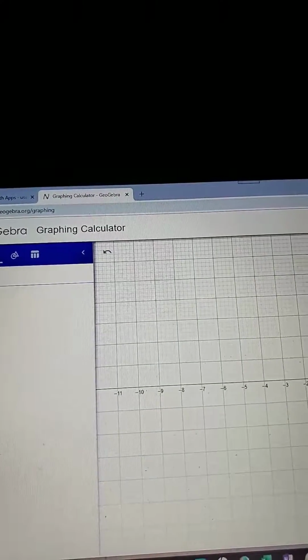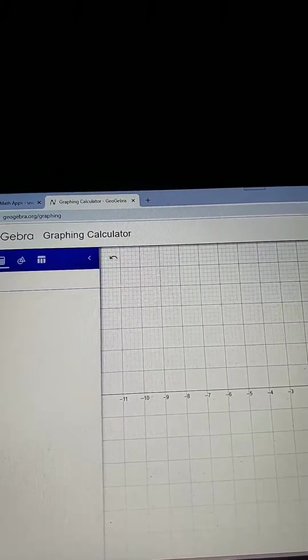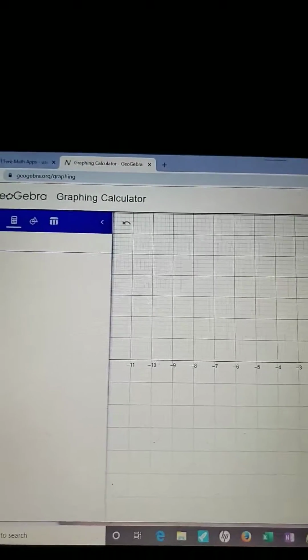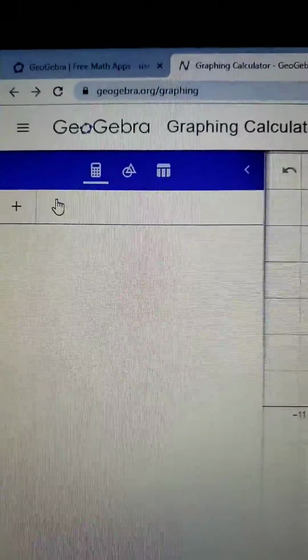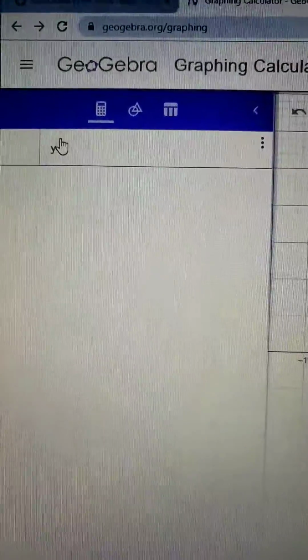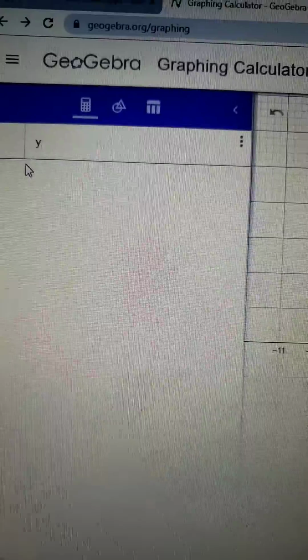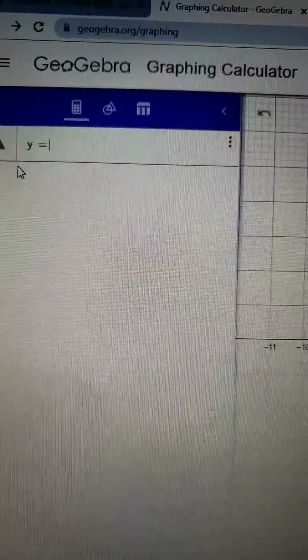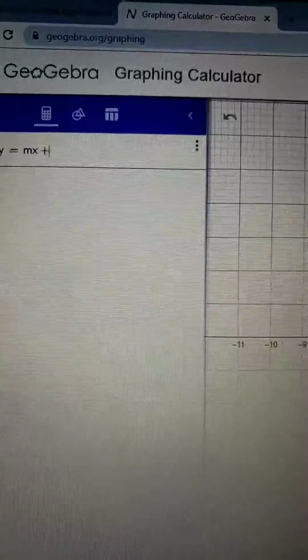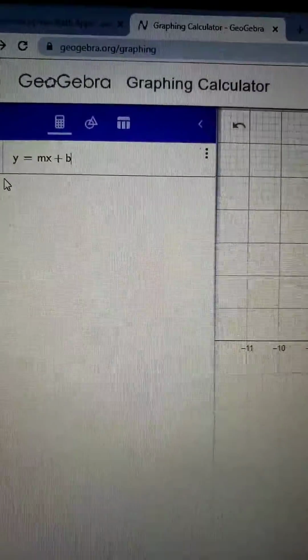looks like. We have the y-axis and the x-axis. So I'm going to type my first function right here, y equals mx plus b.